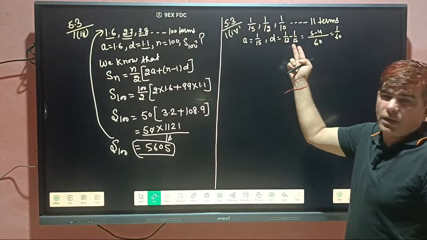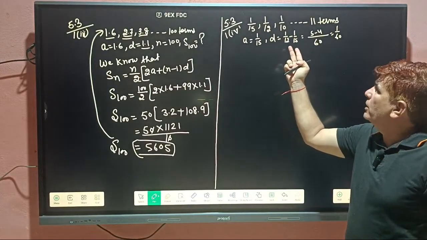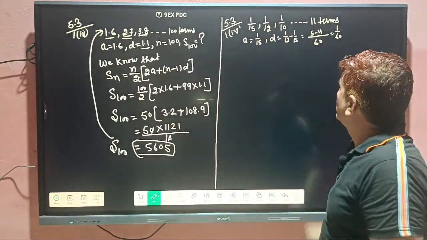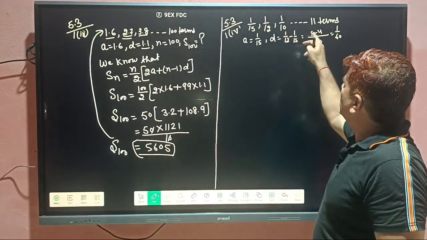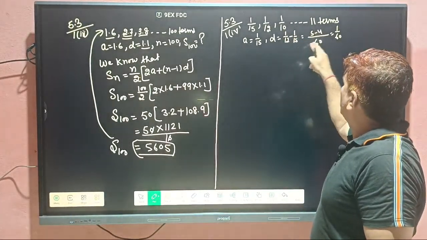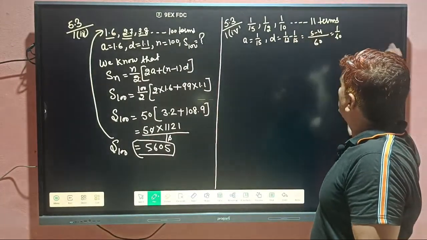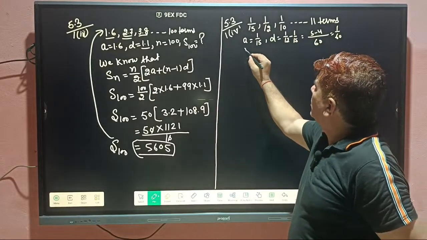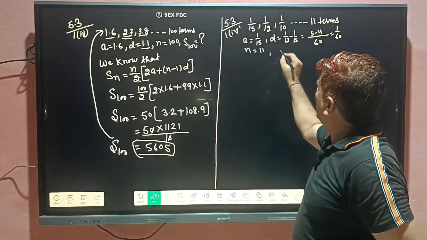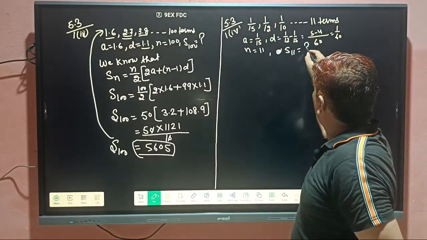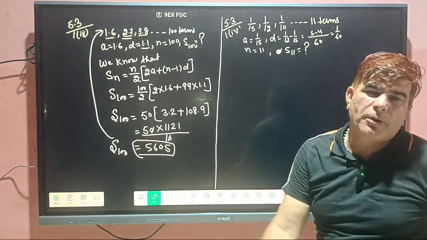Taking the LCM of the denominators 12 and 15, what? 60. 12 fives are 60, 5 ones are 5. Minus sign is there, 15 fours are 60, 4 ones are 4, 1 by 60. Then what's given? N equal to 11. And you have to find S11. This is your main purpose.